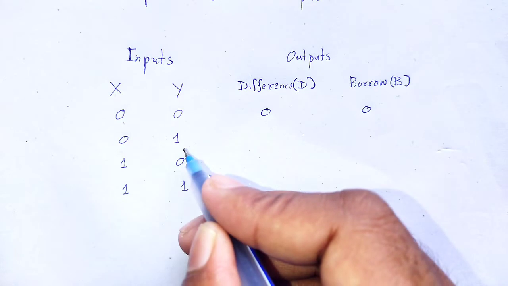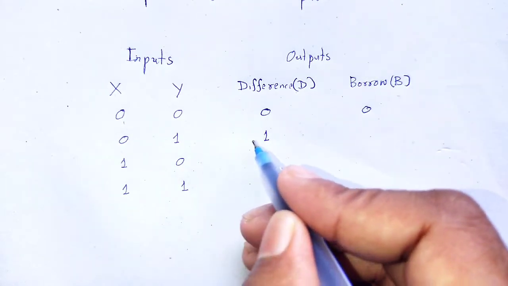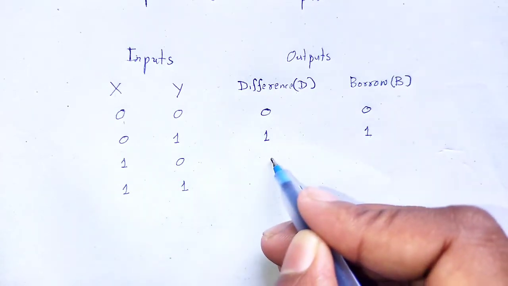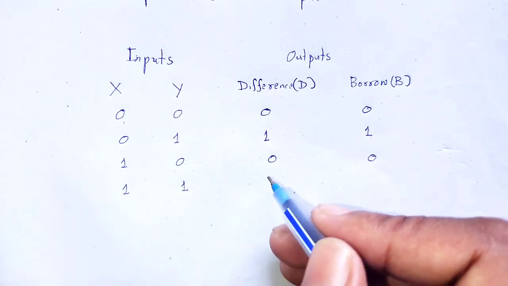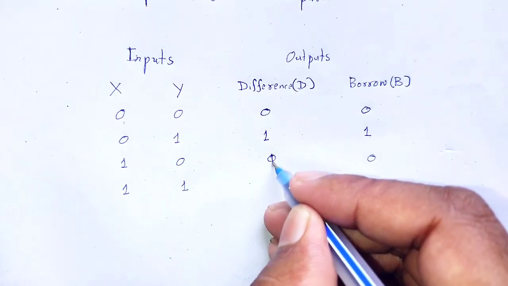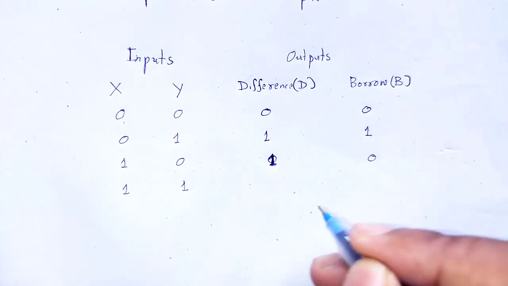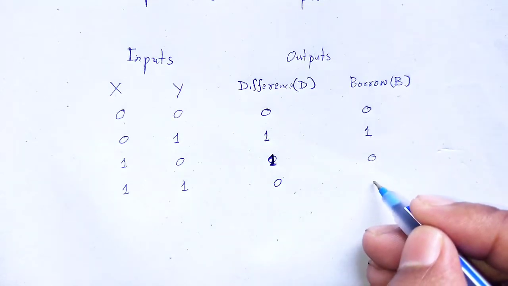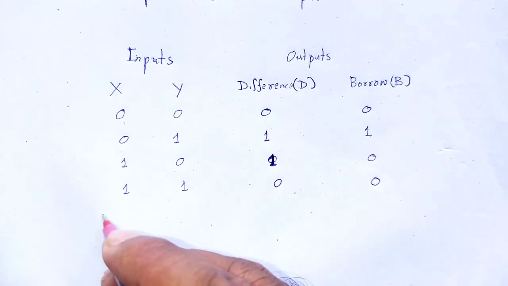When 1 is subtracted from 0, the difference is 1, but in that case we take borrow as 1. 1 minus 0 is 1, borrow 0. 1 minus 1 is 0, borrow 0. That is the truth table.